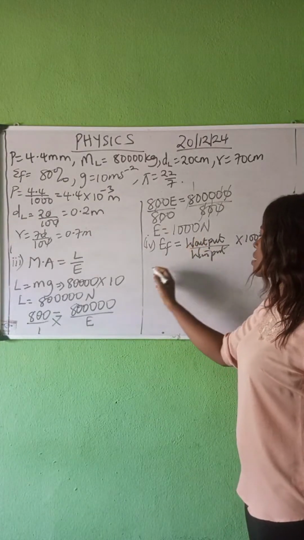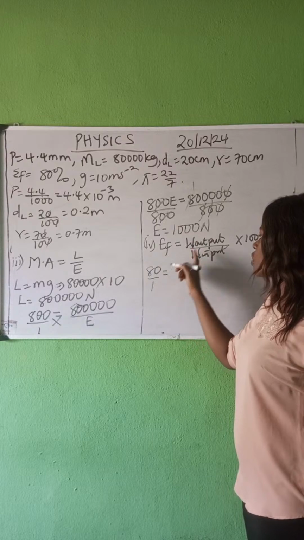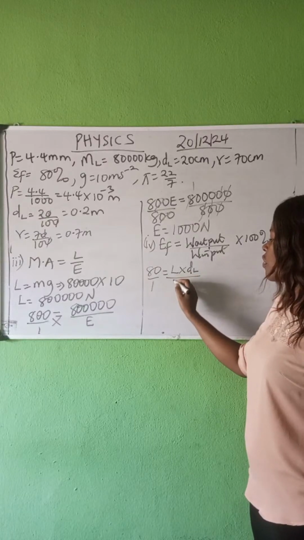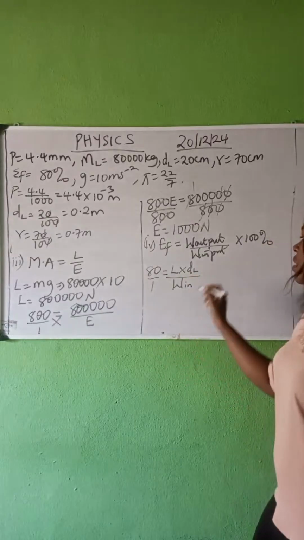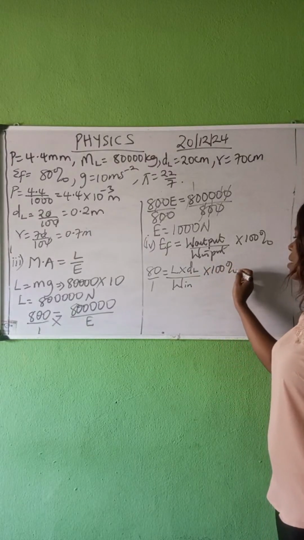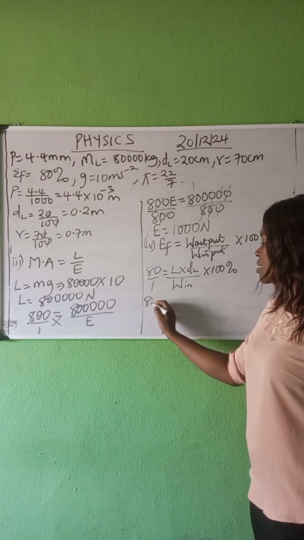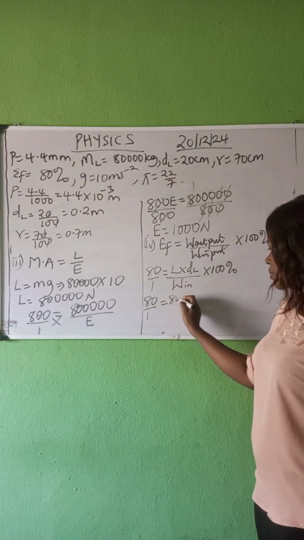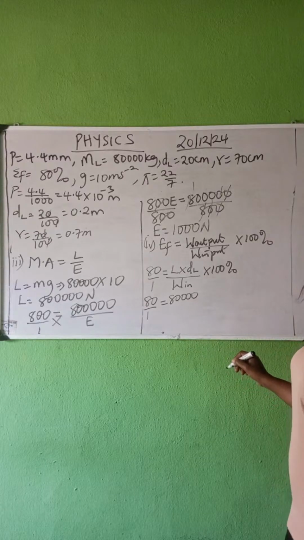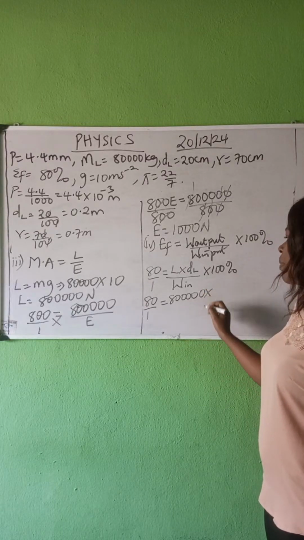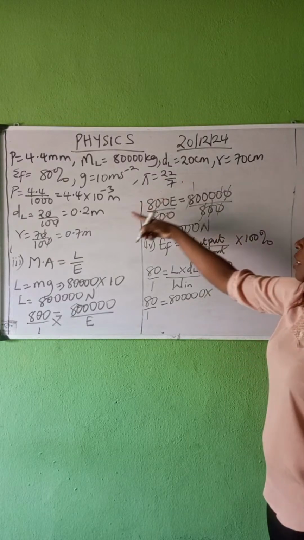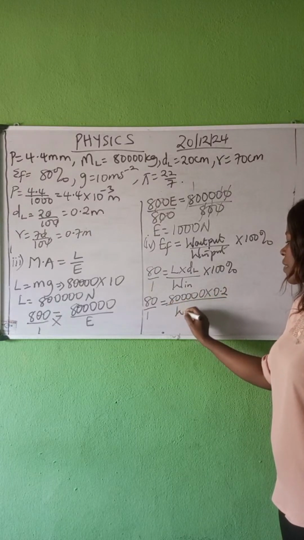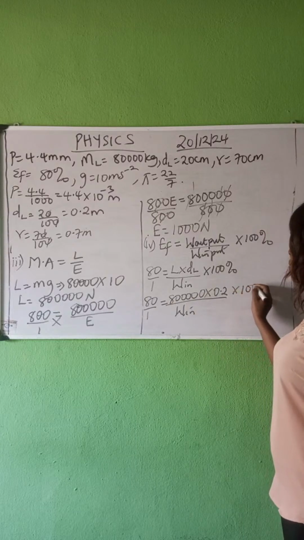Okay, so efficiency is 80 over 1 is equal to the work output, which becomes load times distance moved by load, all over the work input, which is what you are looking for, multiplied by 100%, right? So going by that, this becomes 80 over 1 is equal to our load, 800,000, multiplied by distance moved by load, which I got to be 0.2 meters, divided by work input multiplied by 100 over 1.